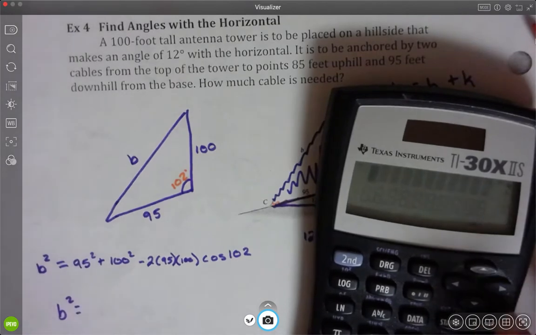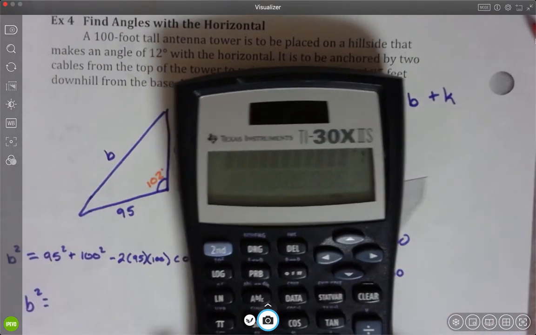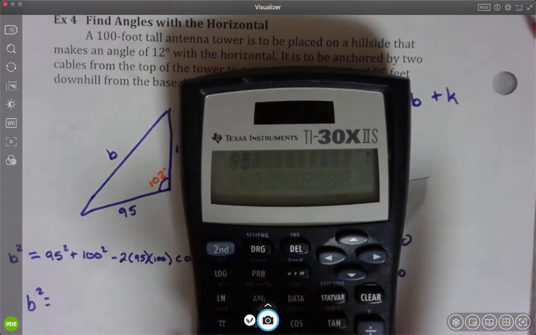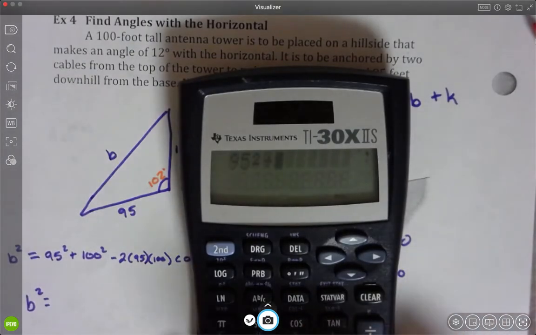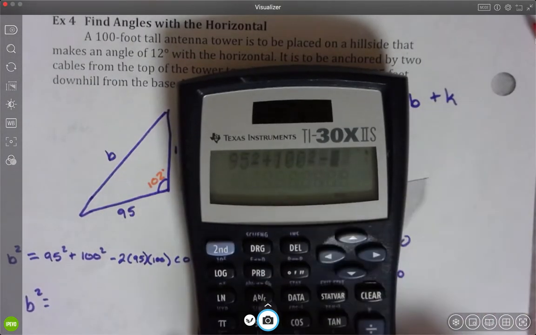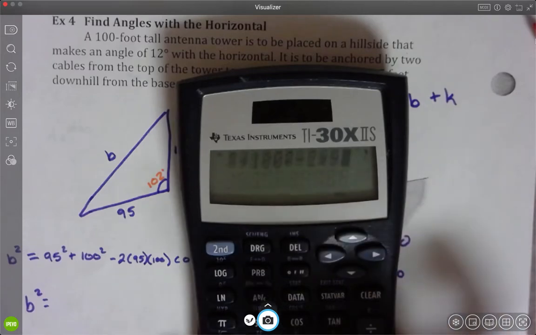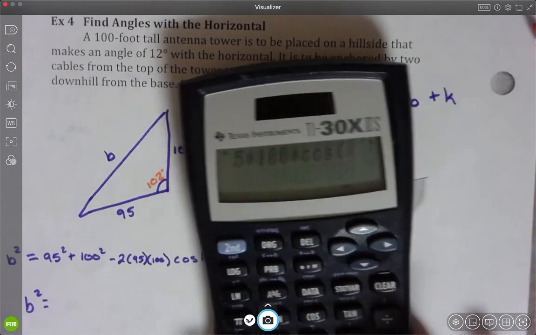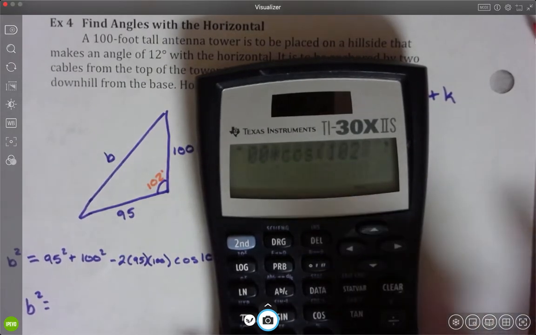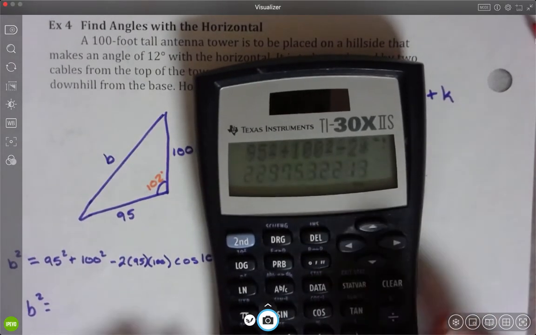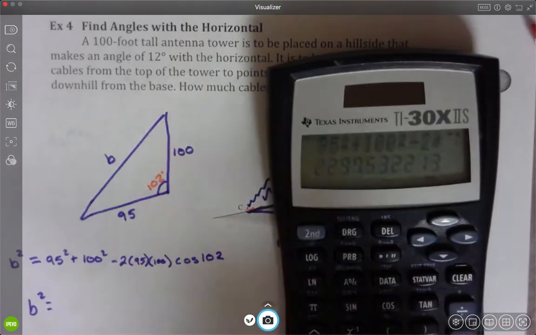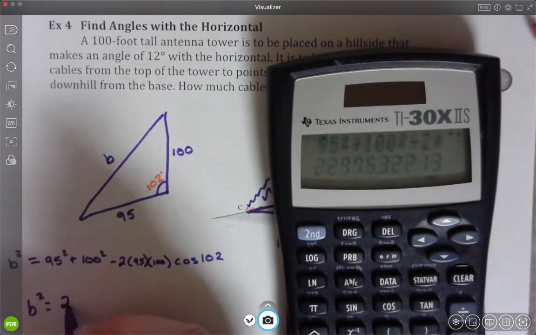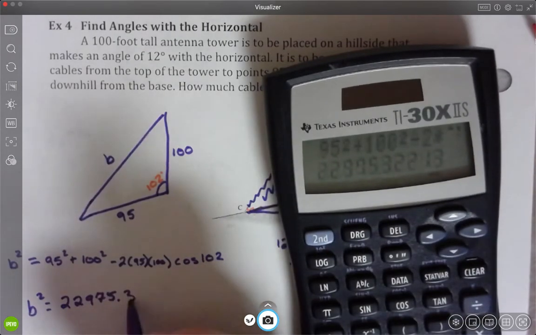Okay, and you can see this a little bit better this time. 95 squared plus 100 squared minus 2 times 95 times 100 times cosine of 102. Okay, and we get another big, huge, long number, which is fine. 22975.32-ish.